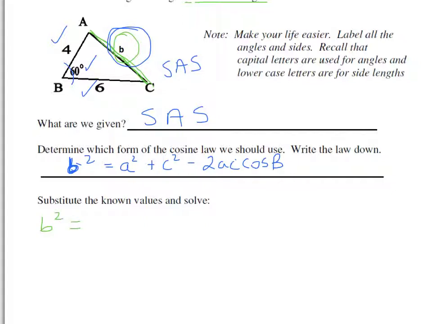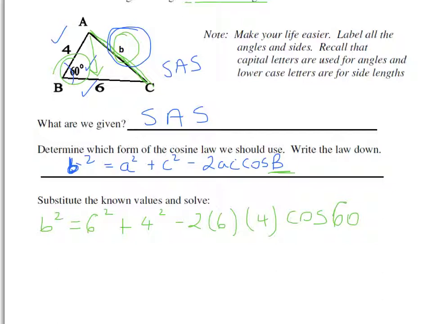Little a is the side that's across from angle A. So that's 6 squared plus 4 squared minus 2 times 6 times 4 cos of angle B, and angle B we see up here is 60 degrees. So cos 60.